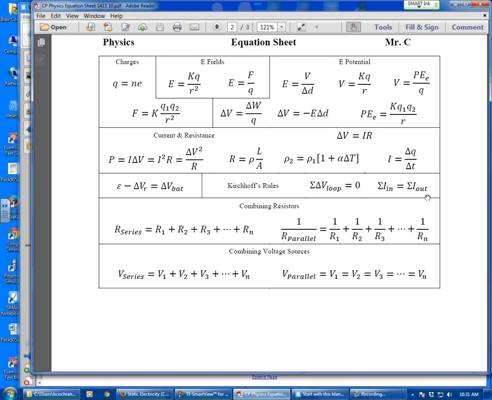The left-hand one describes the relationship between an electric field and the charge that creates it. And the right-hand one describes the relationship between the electric field and a charge that's in that field. So remember, that's the big difference between these two.